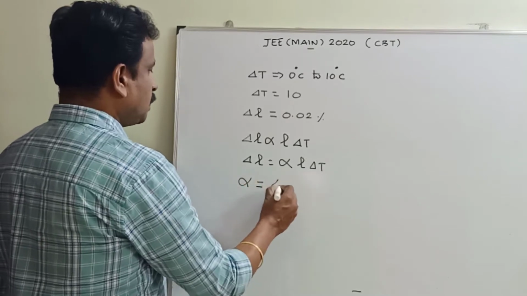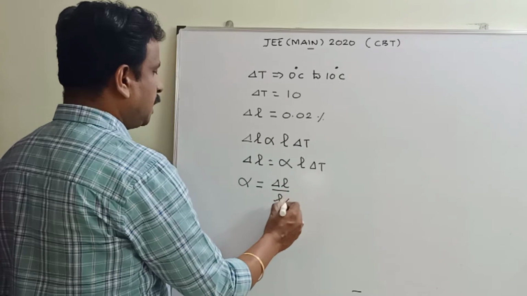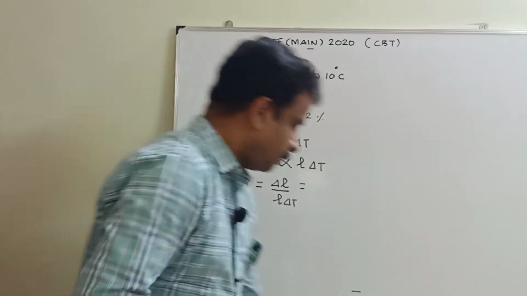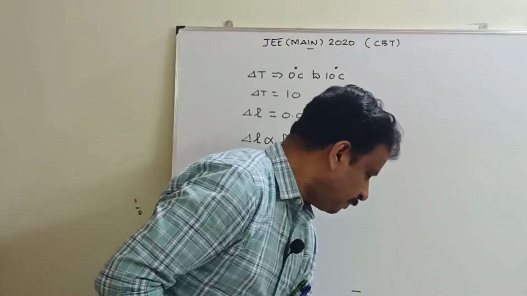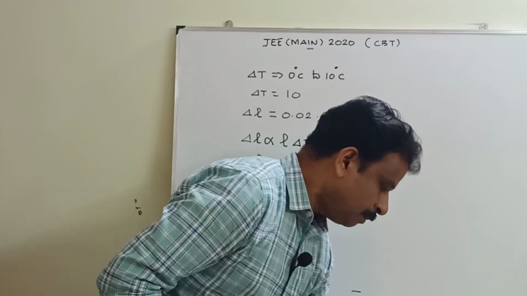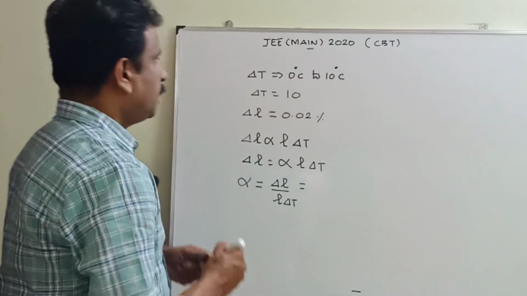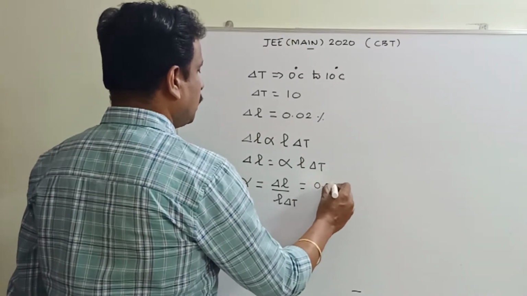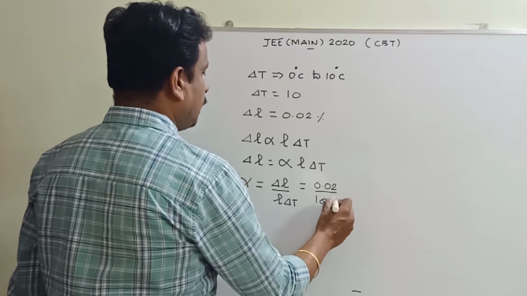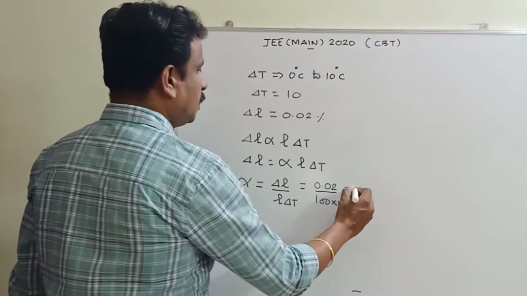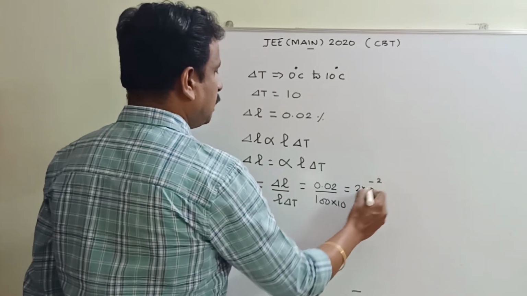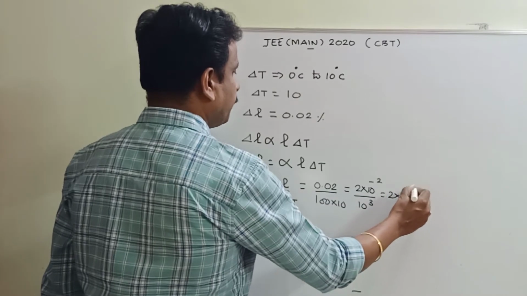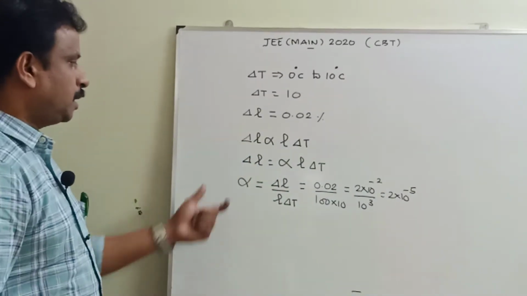This alpha is equal to delta L divided by L delta T. Here the percentage change, delta L by L, is 0.02%. So, 0.02 divided by 100 into delta T, which is 10. So, your answer will be 2 into 10 to the power of minus 2 divided by 10 to the power of 3, or you can write 2 into 10 to the power of minus 5 per degree Celsius or per Kelvin. This is your alpha.